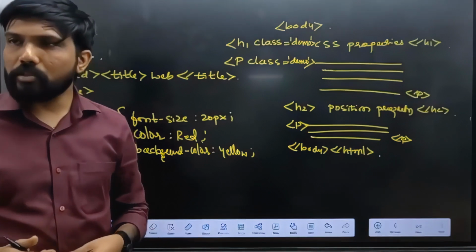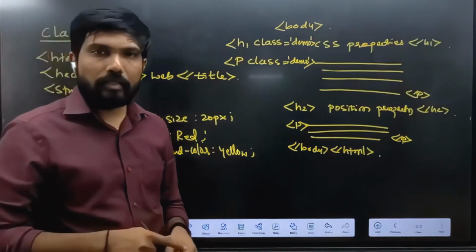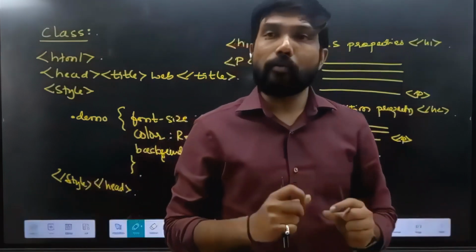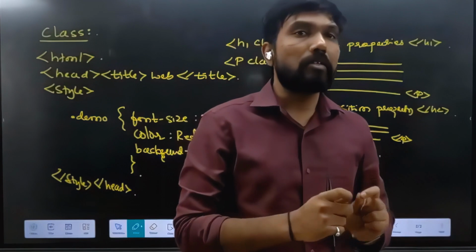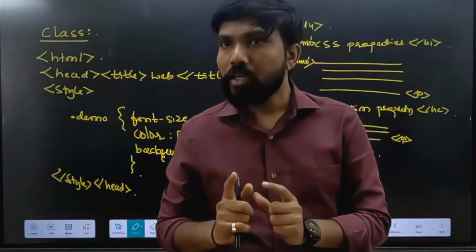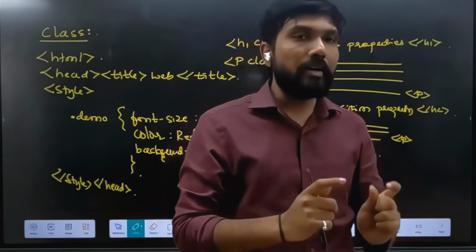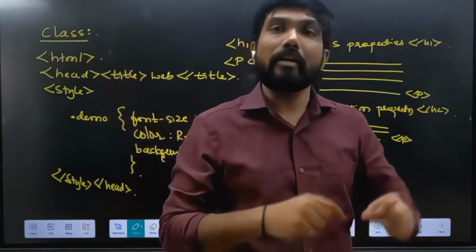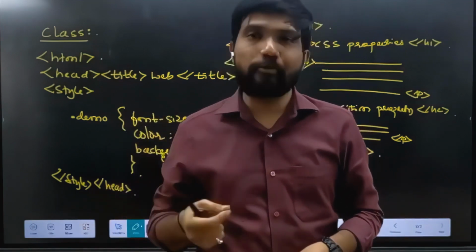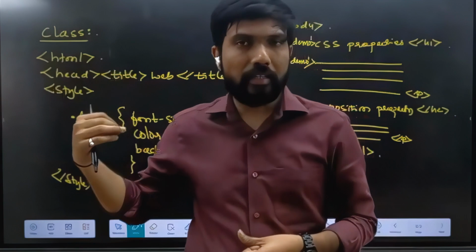Instead of styling each and every element, let me specify it: if I want 1,000 elements to be styled very much the same, and all those elements are different, then without class, I have to style each and every element by mentioning it in the style, the way we have it in the CSS properties.